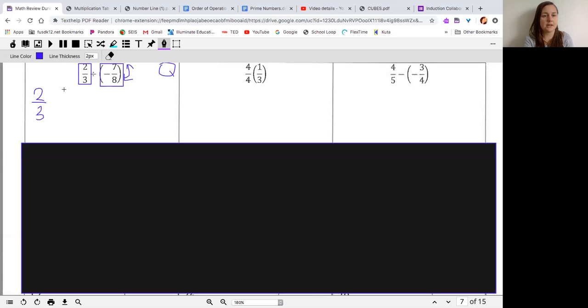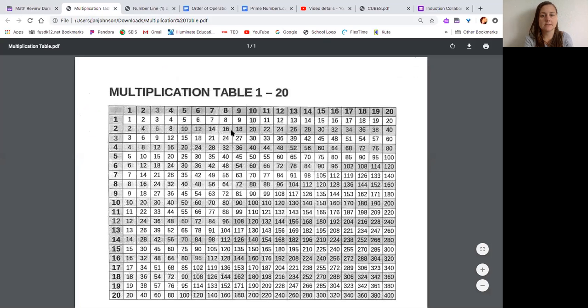Oh, better change that. Times negative over 7. All right. Does 8 go into 3 or 7? No. What about 2? No. All right. Multiply straight across. 2 times 8, 16.